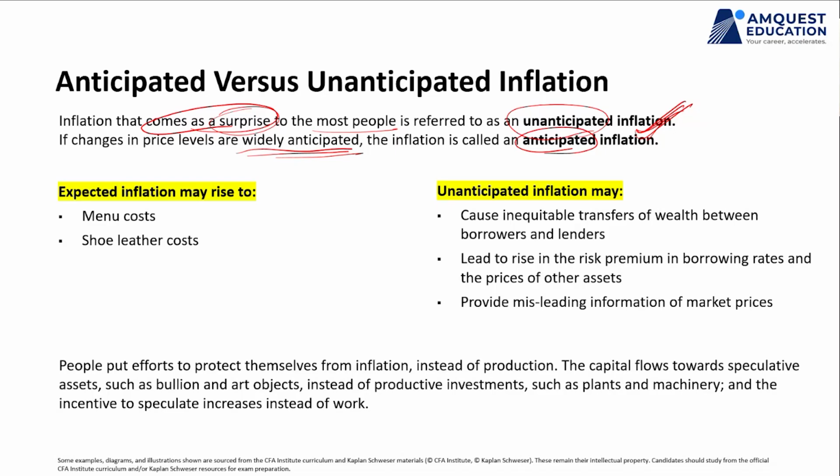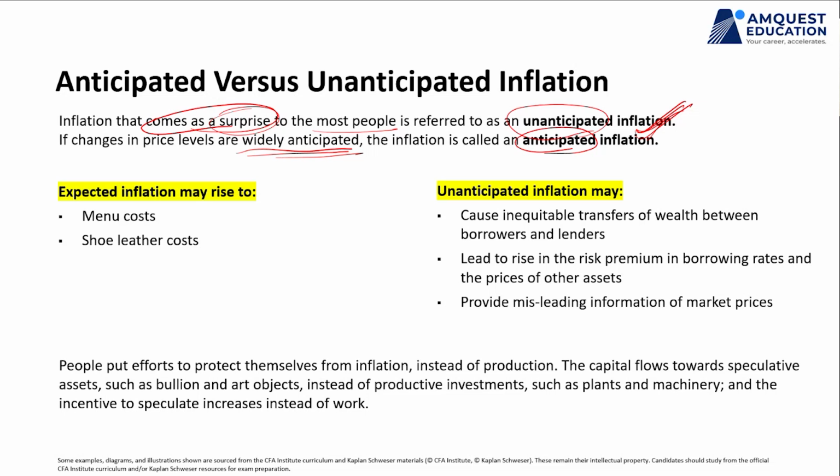Now, it may rise due to two things: menu cost and shoe leather cost. Little weird terms, funny concepts. It's not directly in the book also. What does menu cost mean? Basically, menu cost means the cost of changing the menu card. That's where the name came from.